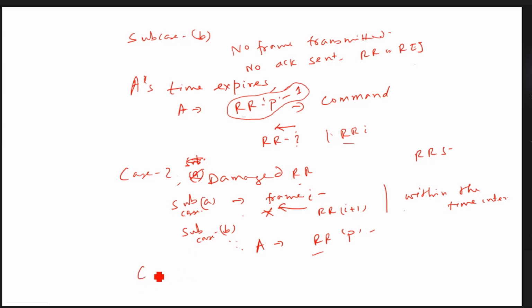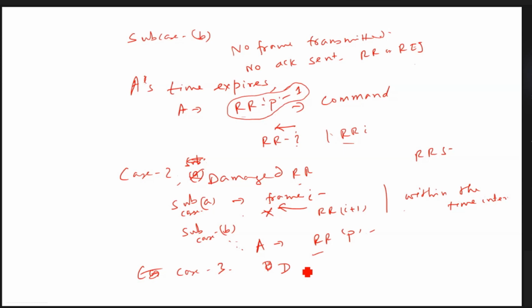Similarly, case 3 would also be there. Case 3 is for a damaged RR. Another acknowledgement is the reject, so there can also be a damaged reject.